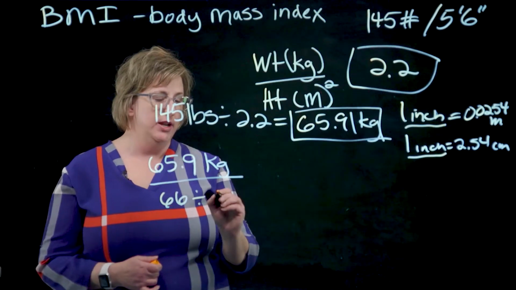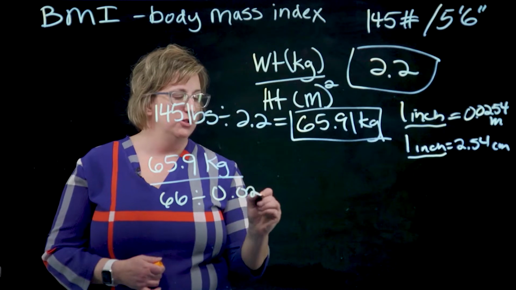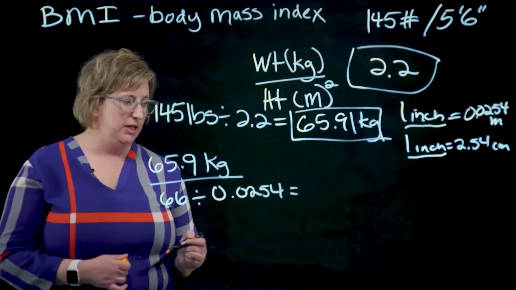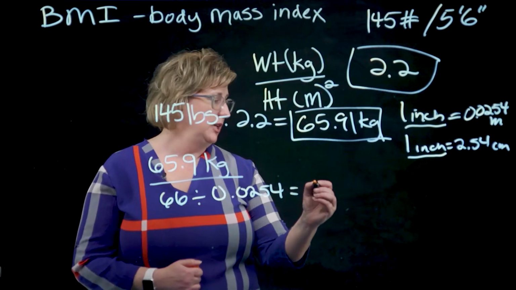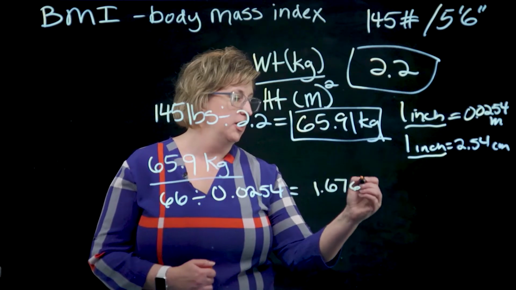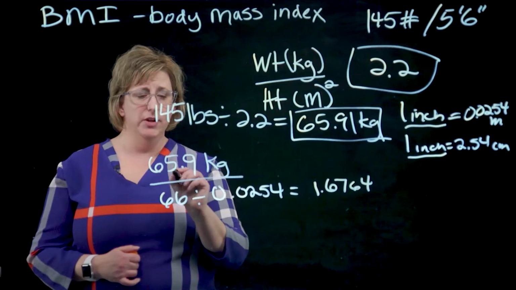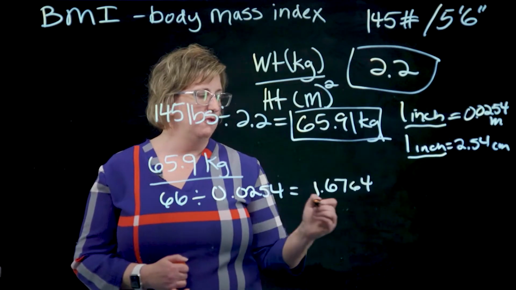If I want to put it straight in meters, I will use the 0.0254. And that is going to give me a number. So plug that into your calculator and you should get 1.674.